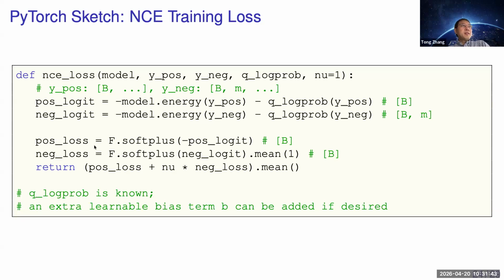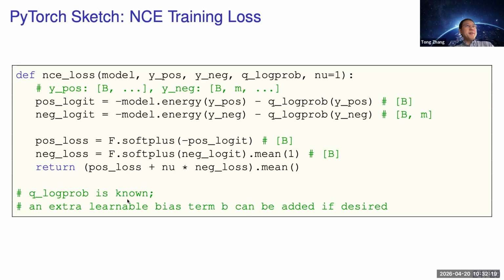This one is binary cross entropy with target 1, and this one is the other direction, but basically this is divided by q, and the negative is also divided by q. The main thing is that this one comes from the data sample and this one comes from your q sample, and then you just have this loss function. That's all it is.